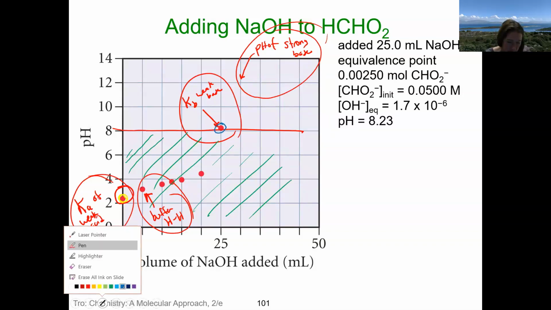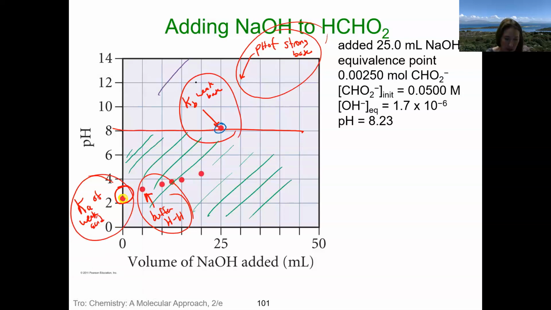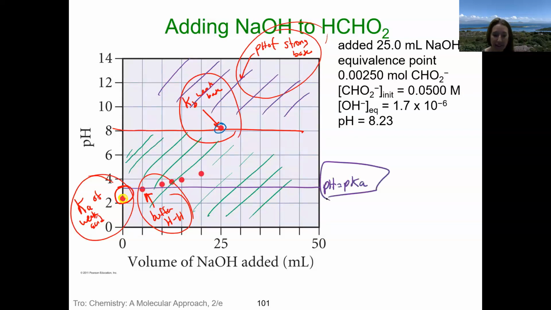And here's when you do pH of a strong base. So at the initial, Ka, weak acid. Equivalence point, Kb, weak base. Before equivalence point, buffer, Henderson-Hasselbalch. pH of a strong base after the equivalence point. At your half equivalence point, your pH equals your pKa. And that's called the half equivalence point. Also, I want you to notice this. I'm running out of colors to use. Look at the pH right here.